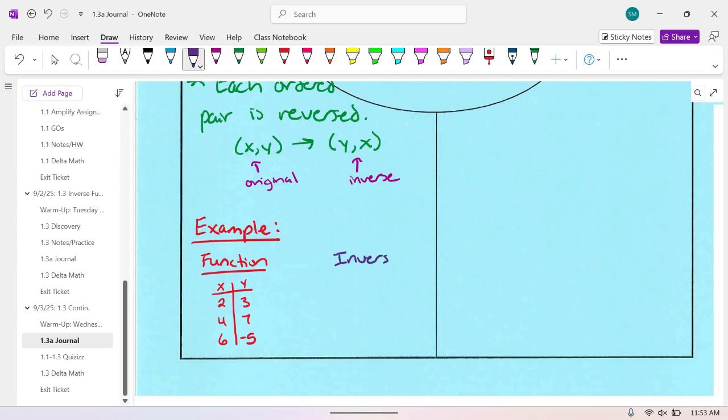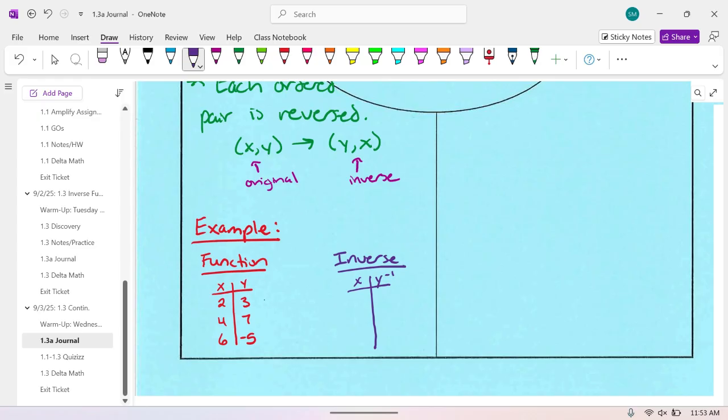Now it's asking for us to find the inverse table. So that means we're going to have x and then y to the -1. Remember, if it's raised to the -1 power, that's just the notation saying that it's the inverse of y. That's all that -1 means, just inverse of y.